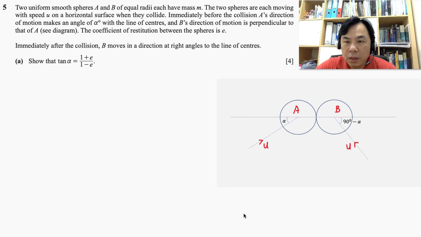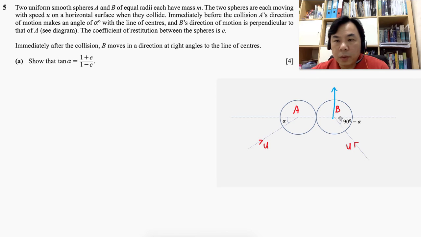So they collide. All right, now that's how they look like. So after the collision, this B would move in the direction at right angle to the line of centers. So what they mean is this B would actually move in this direction, vertically upward. All right, so I hope that is clear at this point.